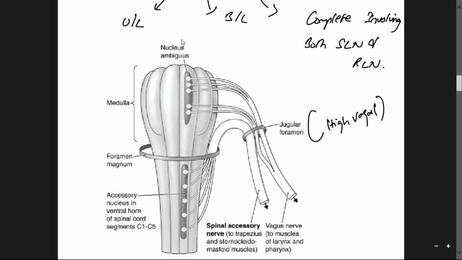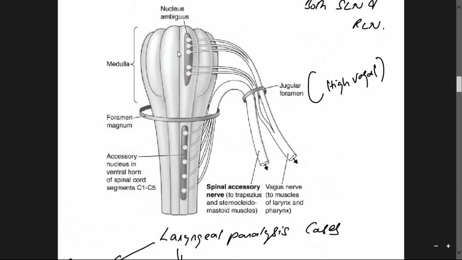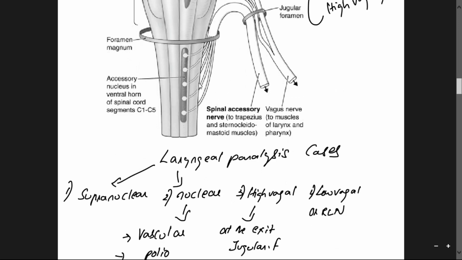Let us say a stroke involving the brain might also affect the vagus nerve. So the causes of laryngeal paralysis may be divided into supranuclear, that is above the nuclear, where you have the cortex. Let us say a stroke involving the cerebral cortex might also involve the 10th nerve, that is the vagus nerve.